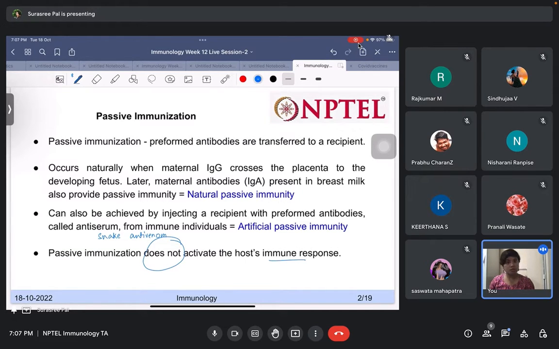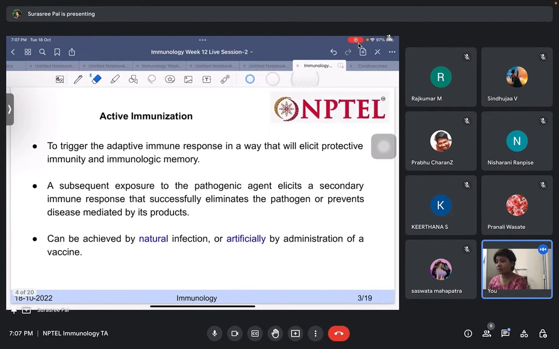So the host immune system is not activated by this kind of passive immunization. Whereas in active immunization, it triggers the adaptive immune response of the host, which elicits a protective immunity and also an immunological memory.